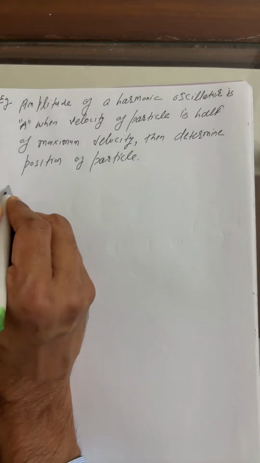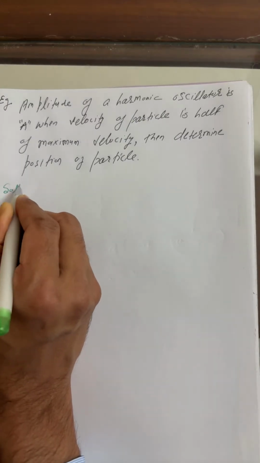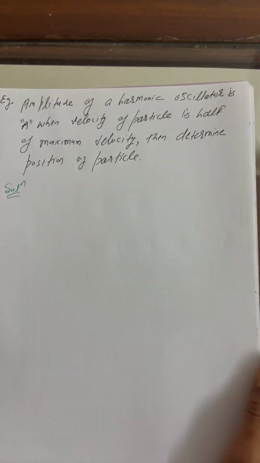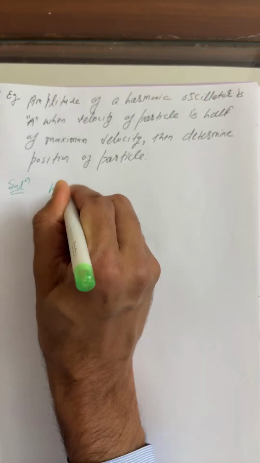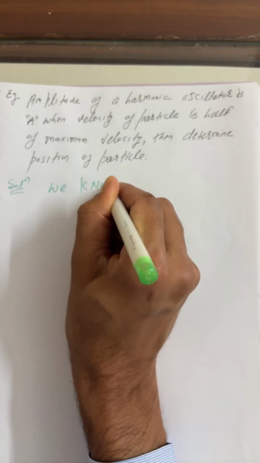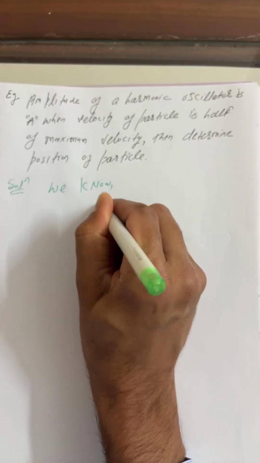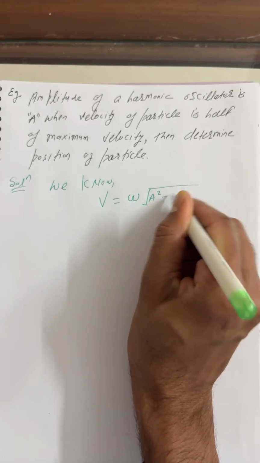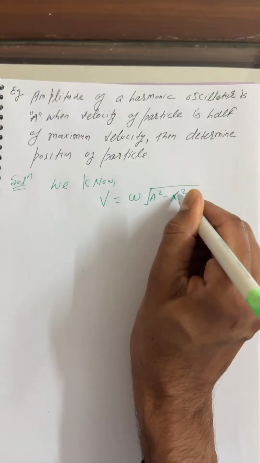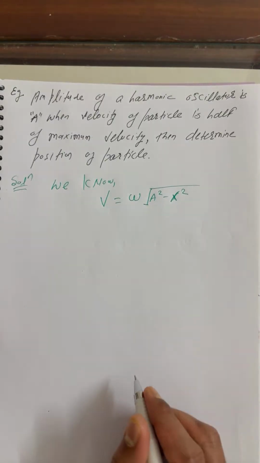Beta, listen carefully. It's not tough, but these are all very standard questions. As I proved in the class, the velocity of the particle is omega times the square root of A square minus x square.